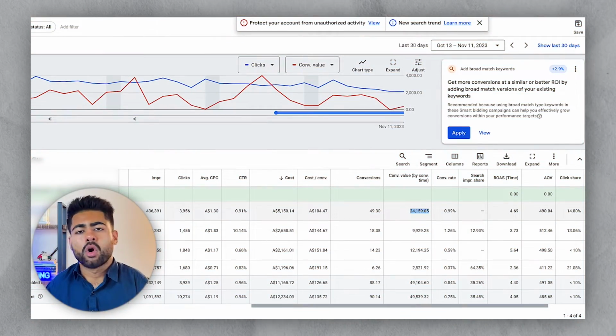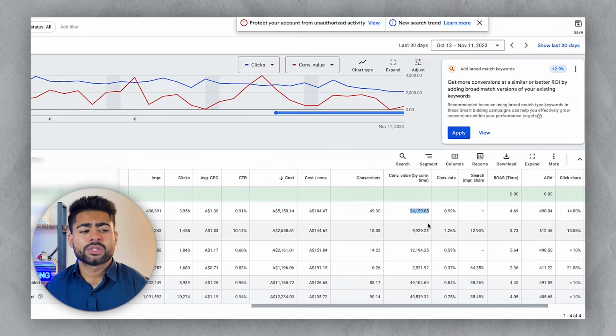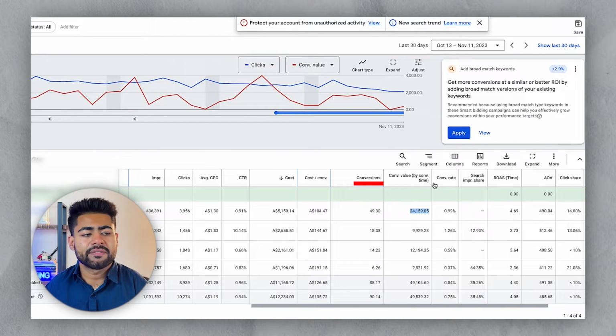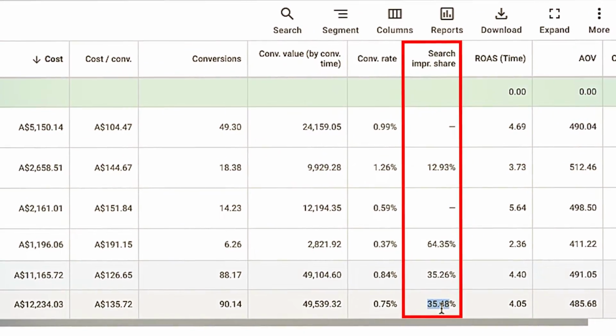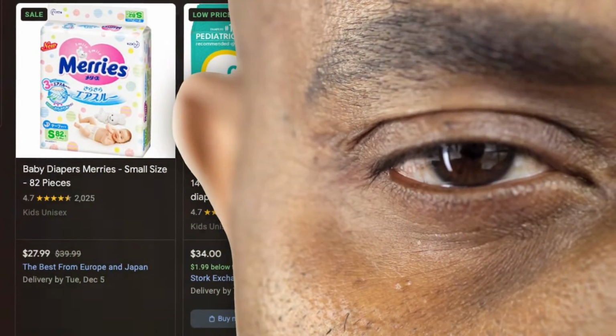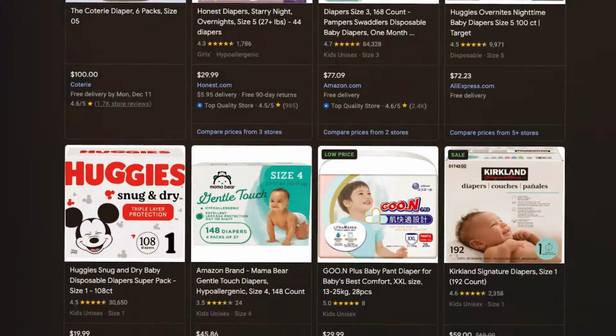And I'm gonna just go over the major ones very briefly, because majority of these should be pretty straightforward, such as conversions, conversion value, conversion rate. Now, a lot of e-commerce brand owners don't realize what search impression share is. It tells you how many search impressions, meaning how many eyeballs your ads are getting compared to what's available in the market for your products in total and in general.